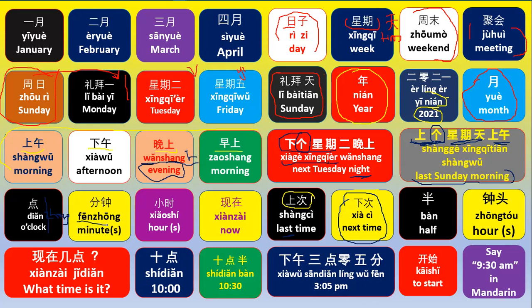It's the same with this one. You can do the same for minutes. The word for minutes is fen, so you can go with fen or fenzhong. Yes, that's for minutes. And how do we say 10 o'clock?